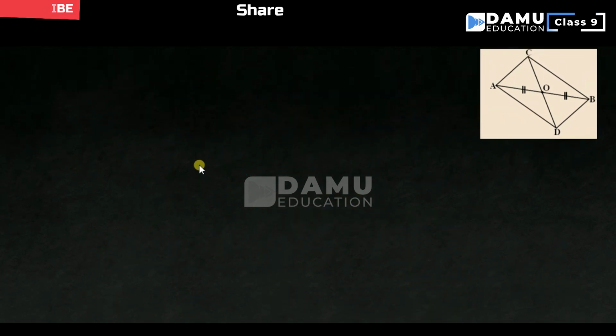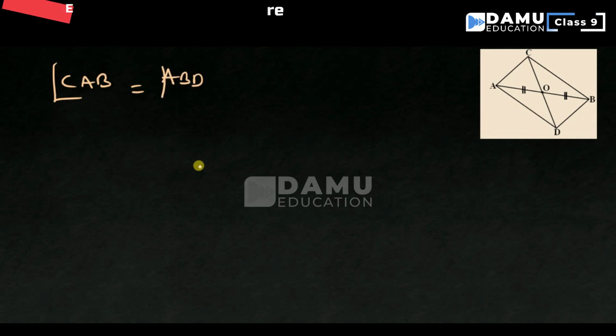How is it bisecting? Alternate interior angles bisecting each other, that is two angles. Angle CAB will be equal to angle ABD. So this angle and this angle.